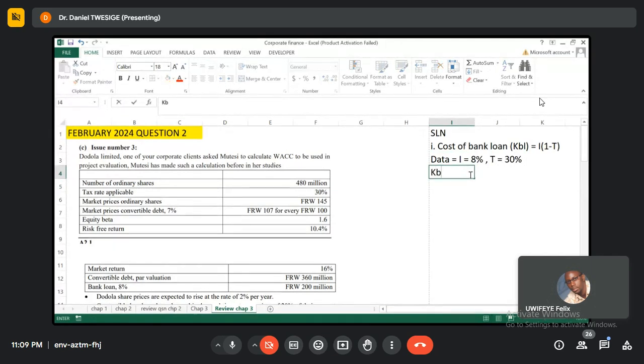So my KBL will be 0.08 into 1 minus 0.3. And then we get 0.056, which is the same as 5.6%. Are we there?